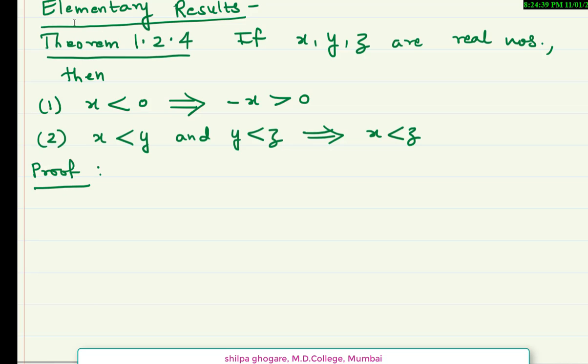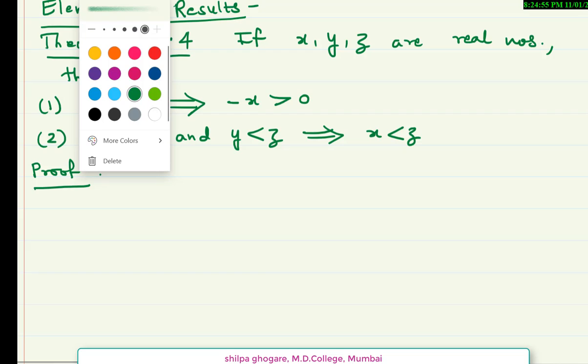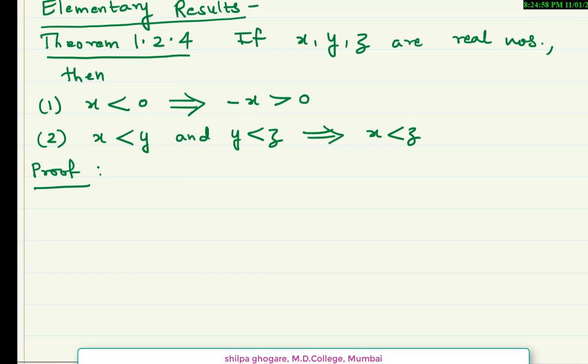Let us prove some elementary results now, which are stated under theorem 1.2.4. The results are for x, y, z, which are real numbers. The first result says if x is less than 0, it implies minus x is greater than 0.